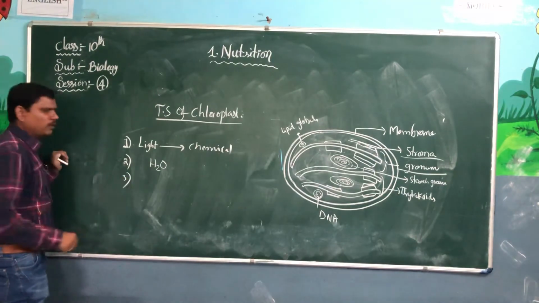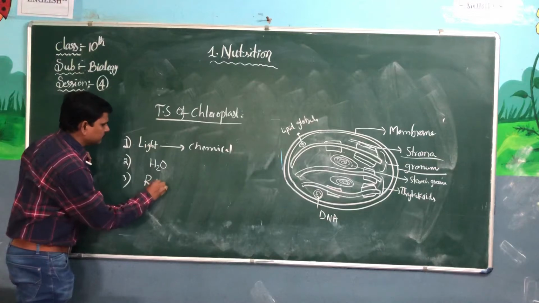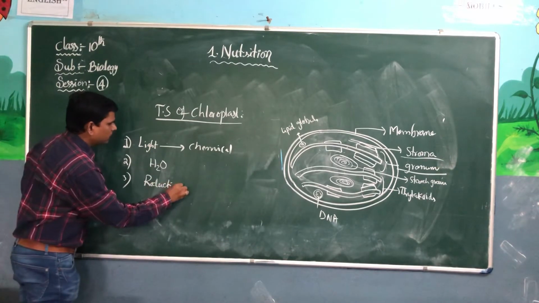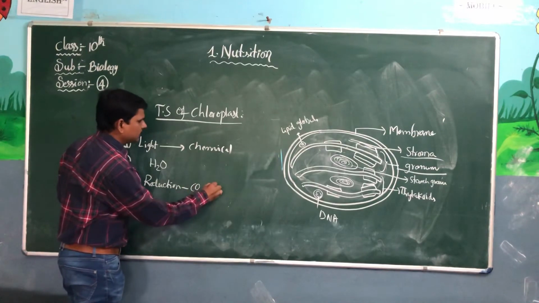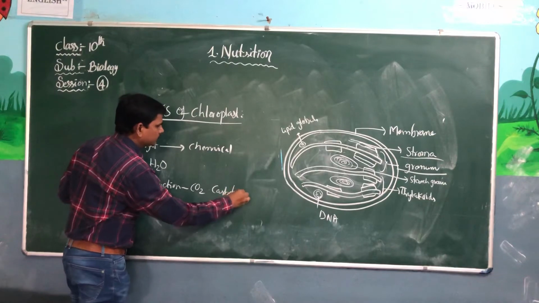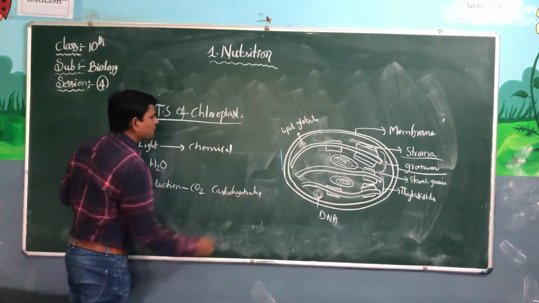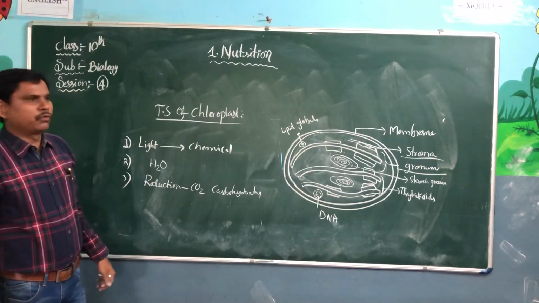And the third is reduction of carbon dioxide to carbohydrates. These are the most important events during photosynthesis.